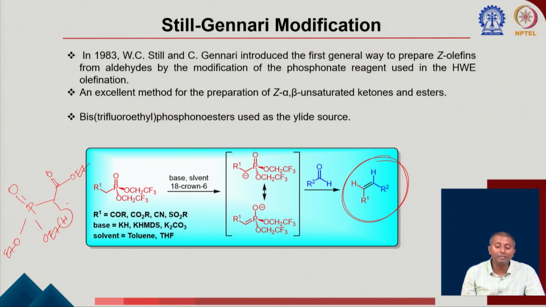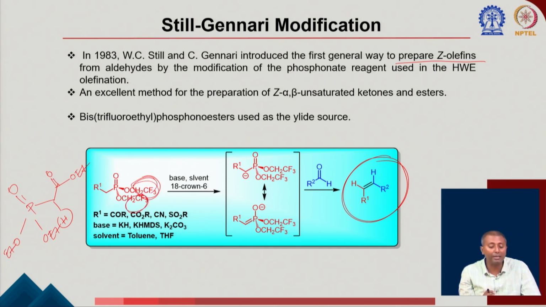Still and Gennari actually introduced the first general way to prepare Z olefins, where the important thing is the trifluoroethyl group. Instead of this OCH2CH3, they introduced this CF3 group here.